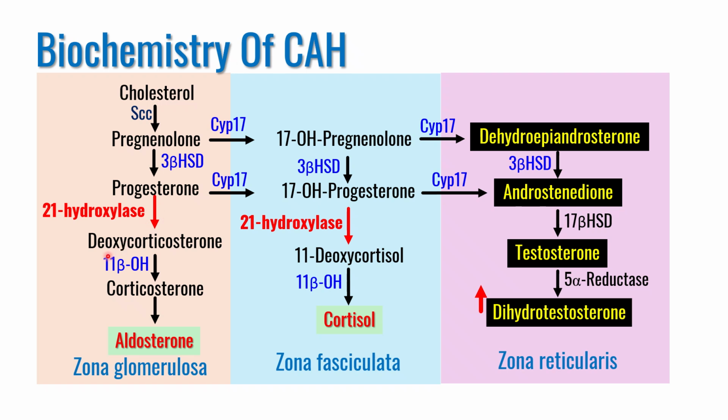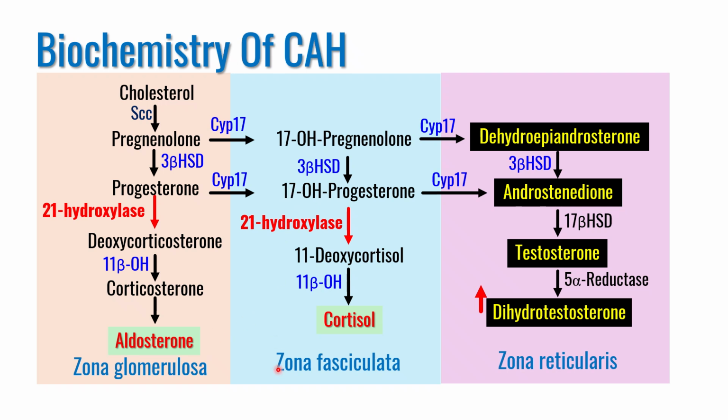Progesterone is subsequently converted into deoxycorticosterone by 21-hydroxylase enzyme, and deoxycorticosterone is converted into corticosterone by 11-beta-hydroxylase enzyme. Corticosterone is finally converted into aldosterone by the action of aldosterone synthase. So this is to fix our electrolyte balance, and this is produced in the mitochondria.